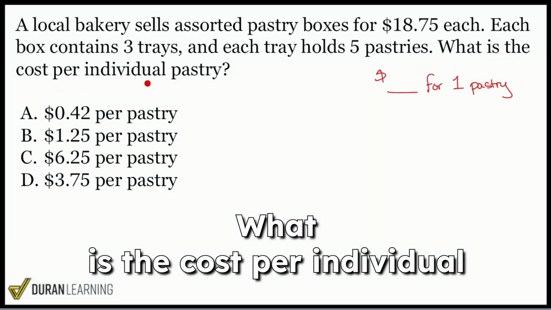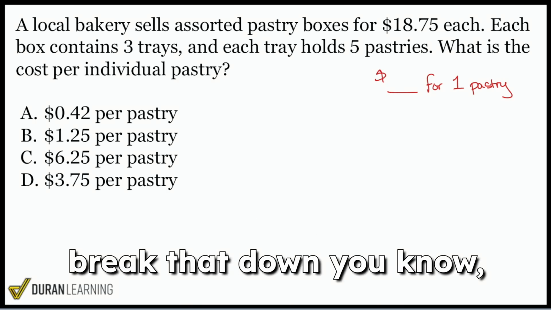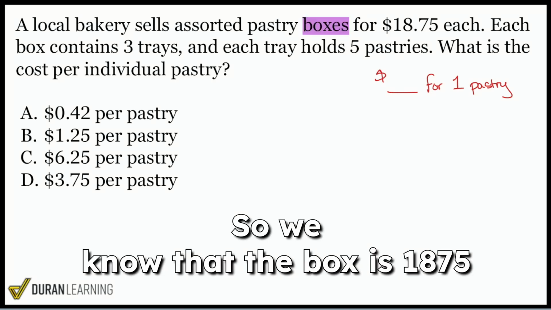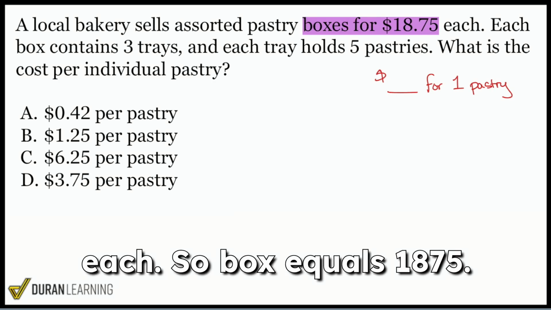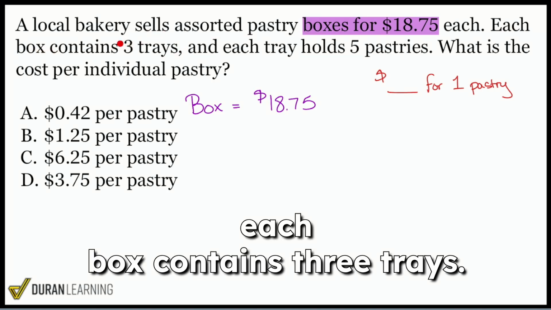What is the cost per individual pastry? Let's break that down. We know the box is $18.75 each. So box equals $18.75. Then it says each box contains 3 trays.